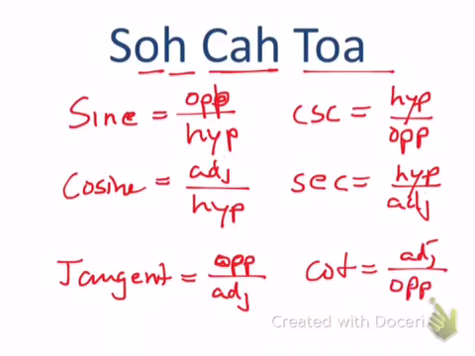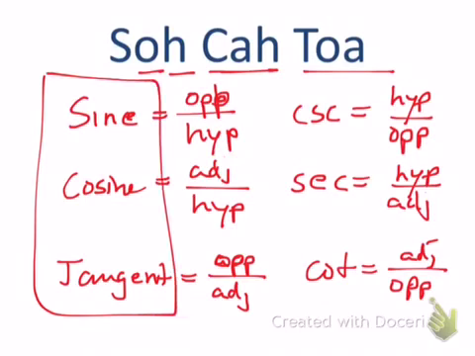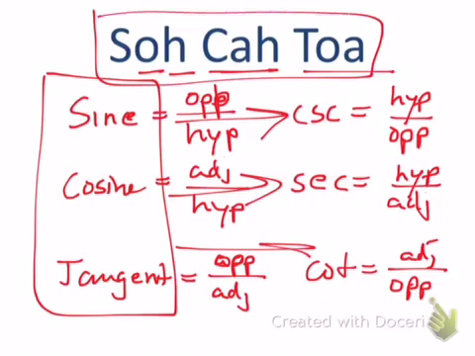But for the most part, guys, you're going to use these three right here, and then you'll just reciprocate it if you want to find the others. So really what you have to be familiar with is your Soh Cah Toa. Sine is opposite over hypotenuse. Cosine is adjacent over hypotenuse. Tangent is the opposite over the adjacent. Okay?